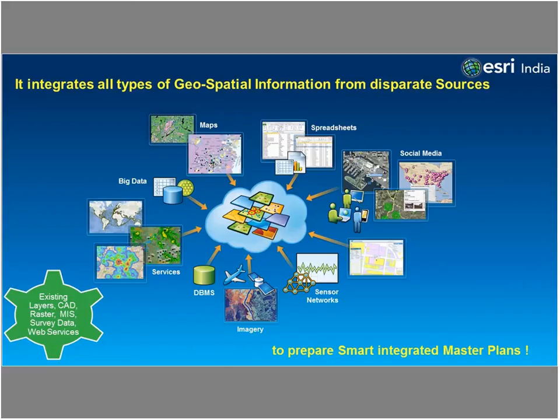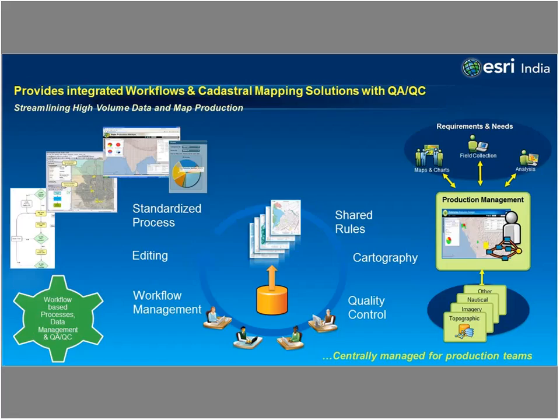Social media is also equally active nowadays, so data has to be incorporated from them as well, along with various sensor networks and imagery. So what we are trying to show is that once the data model is in place, we publish it, then on top of it we access various services and live feeds, maybe from the UN portal and other global portals, and then we need to implement a complete workflow-based system.